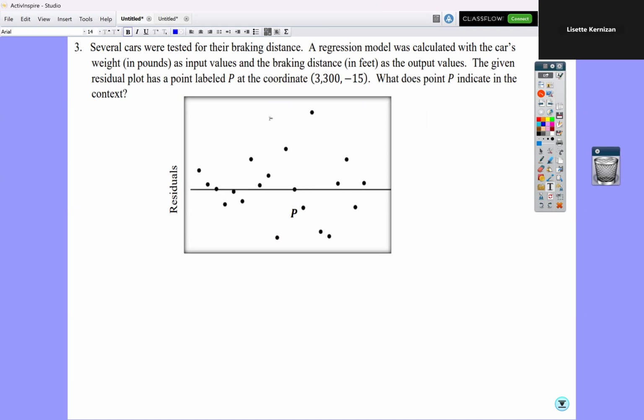So if I'm looking here, remember this line right here is my regression line, right? And then this is my model, and I'm only concerned about this P. So looking at this P, they tell me that the X is 3,300 and the Y is negative 15. So they want me to say in words what is happening here.